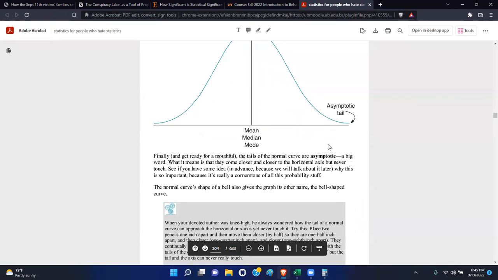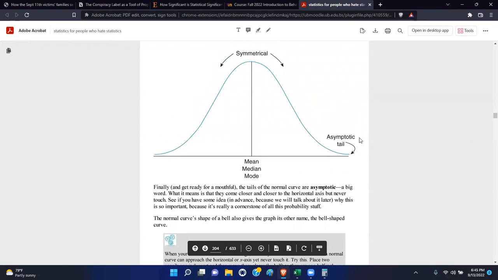And why is that? Well, it has to do with some mathematical properties and things of that nature, but also has to do with some philosophy of science, in that we're trying to allow for the minute, minuscule possibility, however improbable it might be, that some fantastically extreme event could occur.